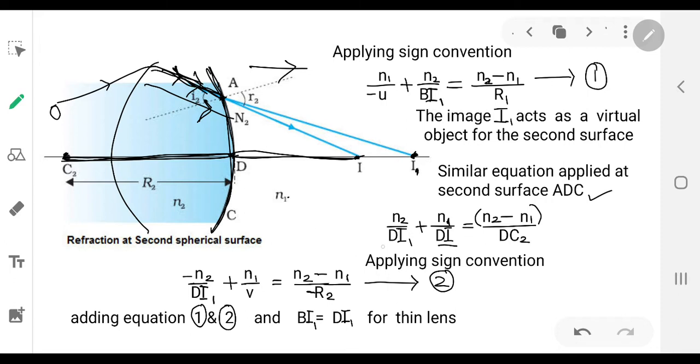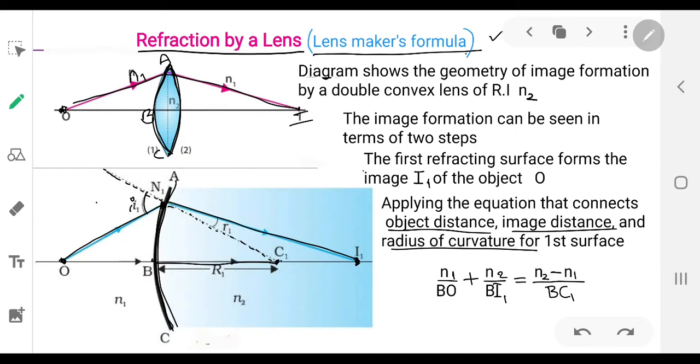Now the object distance DI dash. You may ask, in the diagram DI dash is in front of the lens, so why are we taking it as negative? As I have already told you, if the second surface is here, the rays from I dash would have traveled to the second surface and then refraction would have taken place.